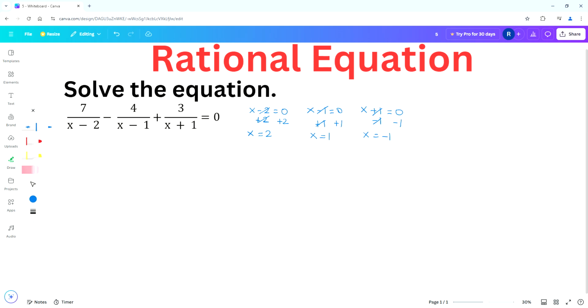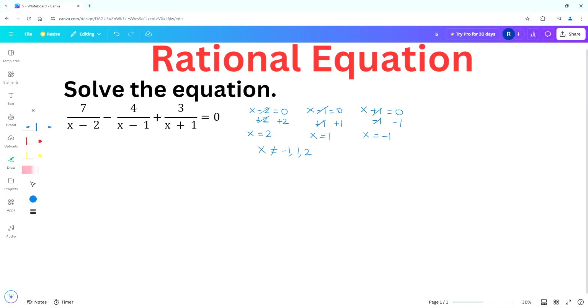This is the third restriction. We can write the restrictions as x cannot be equal to -1, 1 or 2. If a solution for this equation is -1, 1 or 2, it will be an invalid solution.